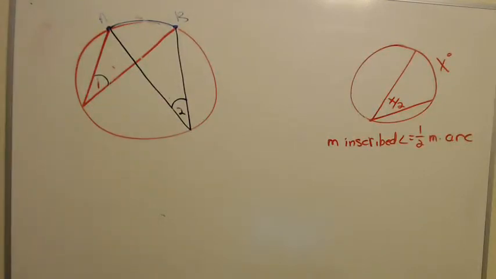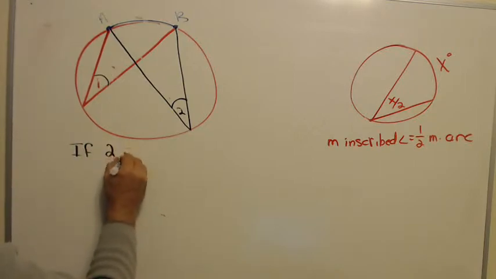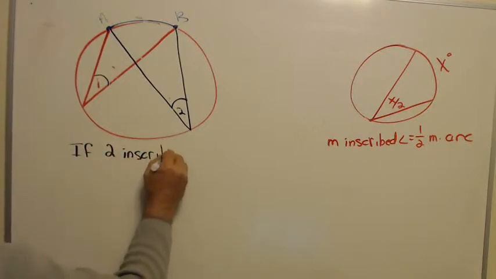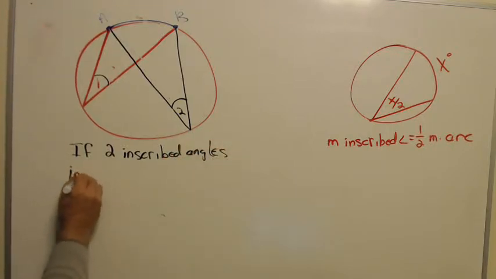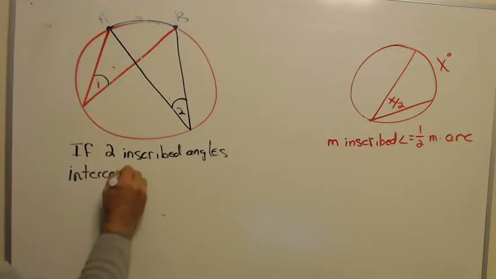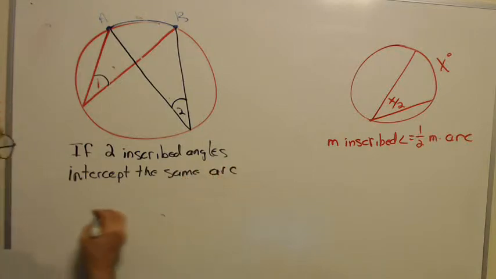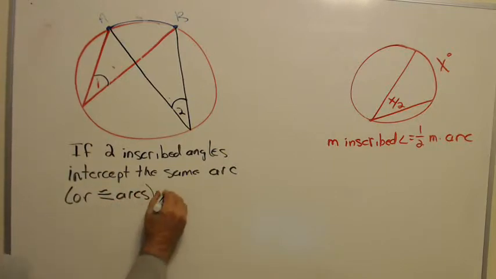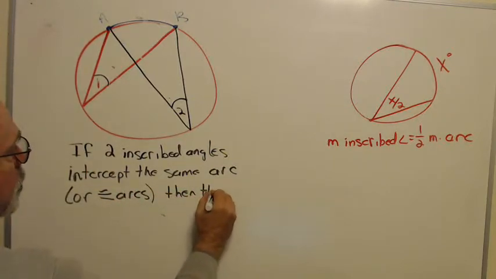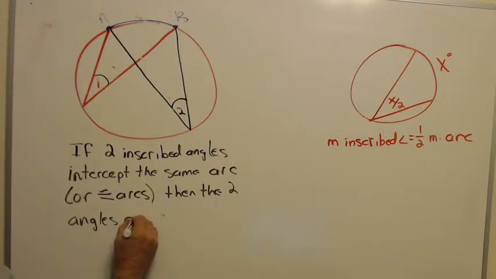So the words go something like this. If two inscribed angles intercept the same arc, or congruent arcs, then the two angles are congruent.